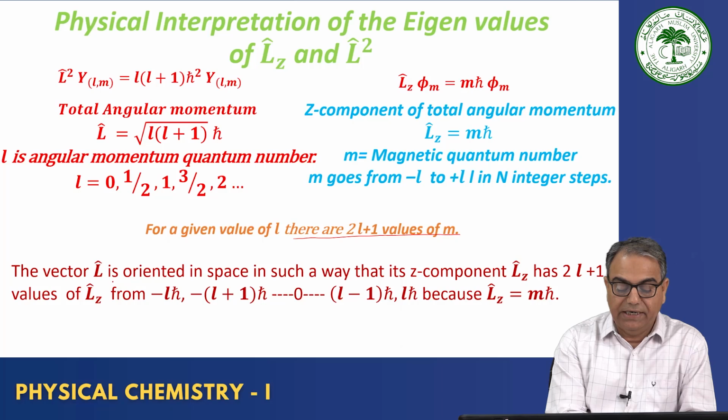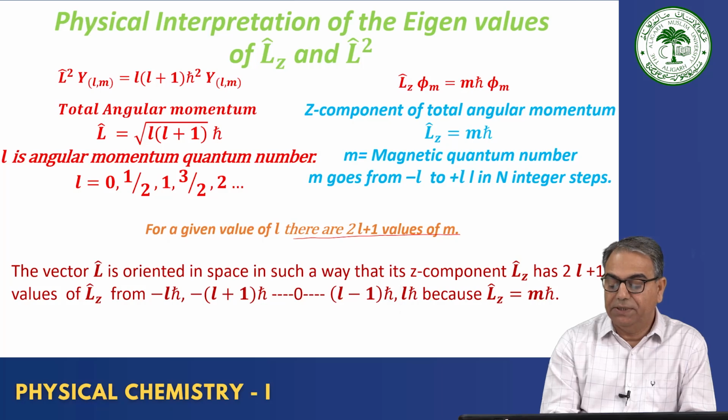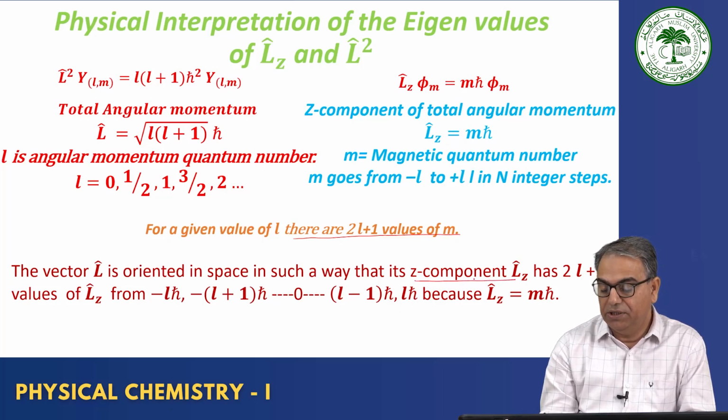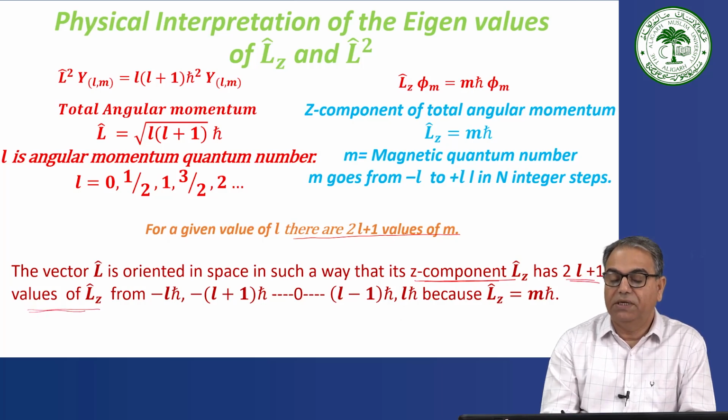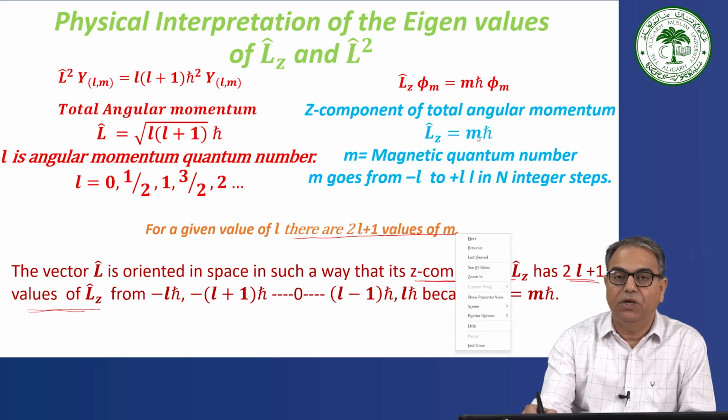So we say that the vector L, the total orbital angular momentum, is oriented in space such that its z component has 2L plus 1 values of Lz, because 2L plus 1 values of m are possible. So this m will have 2L plus 1 values, which means Lz will have 2L plus 1 values.